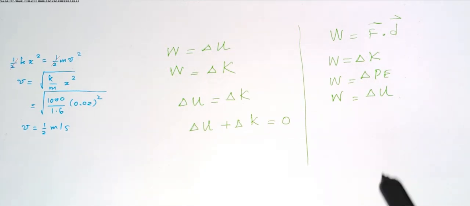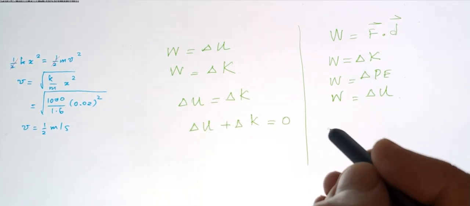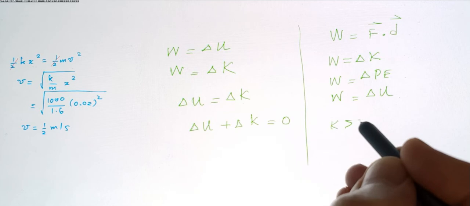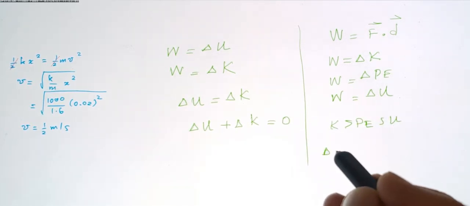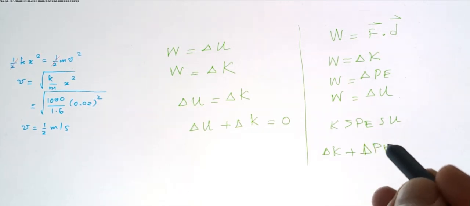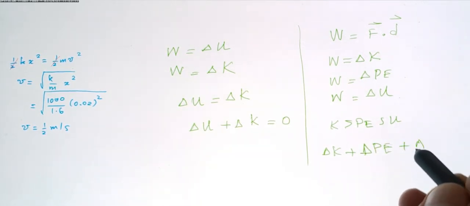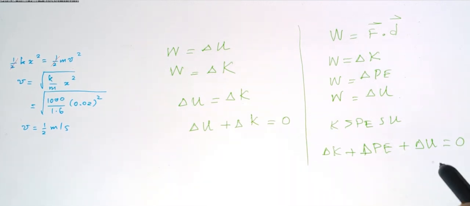So if we have kinetic, potential, and elastic in one problem, we will have delta K plus delta P plus delta U, all must equal 0 if the forces are conservative.